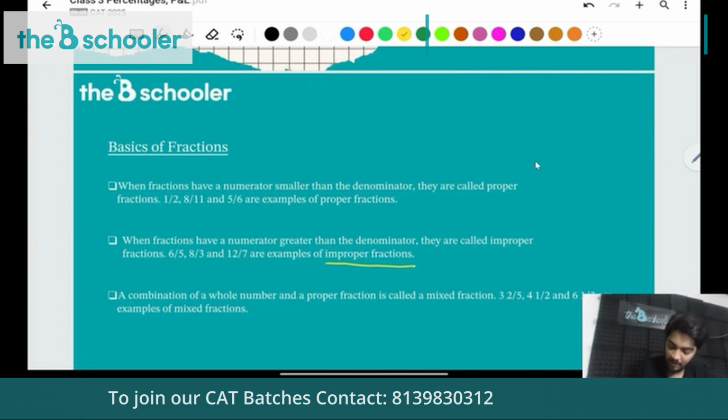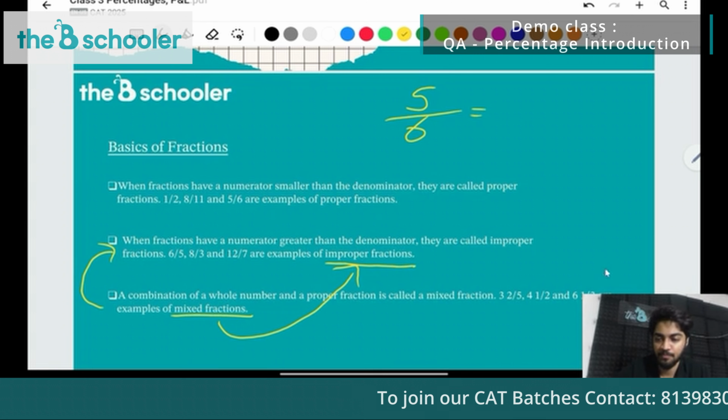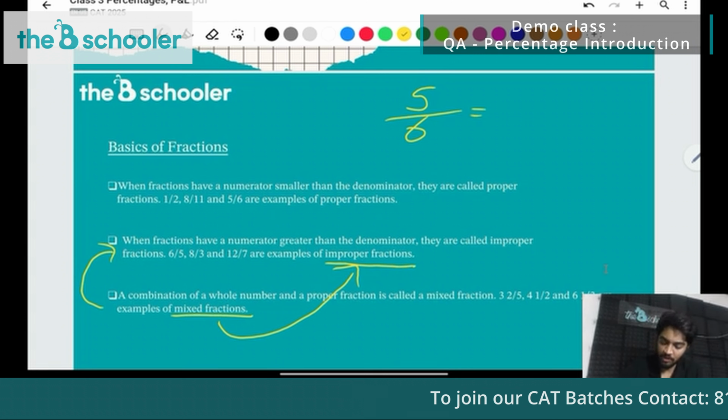Now when I say let's say 5 by 6, convert it into a real number, what are you going to do now? Convert 5 by 6 into a real number.